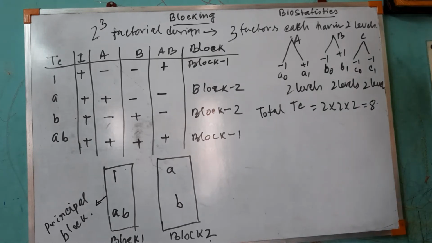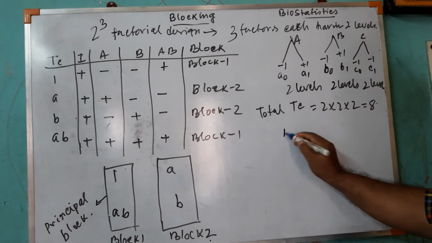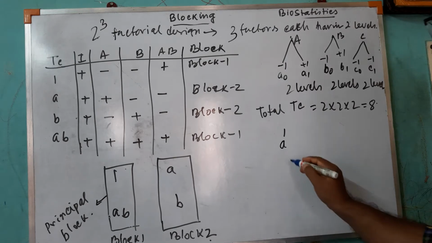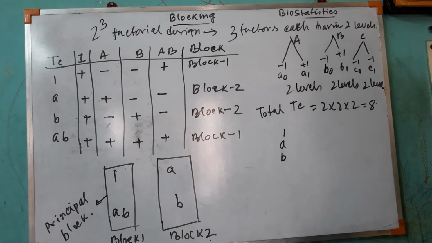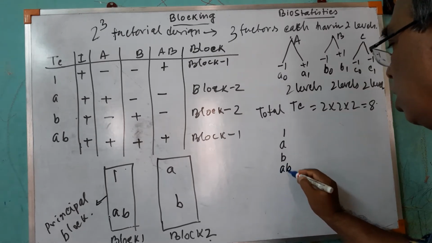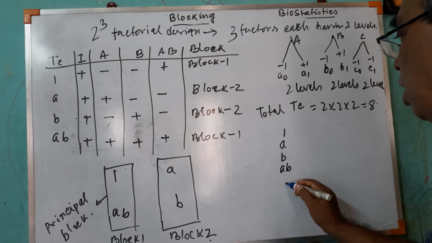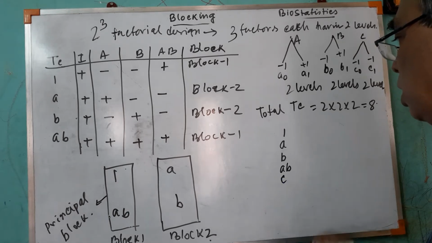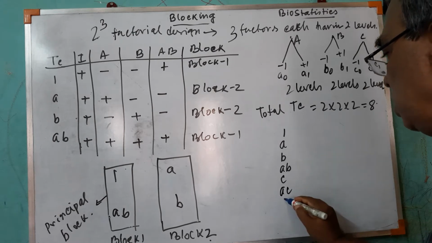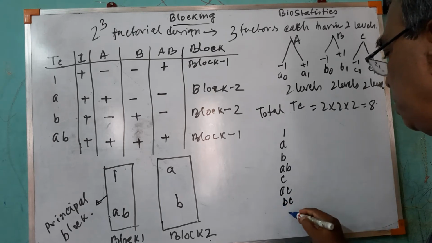What are they? 1, then A, then B, then AB. Then comes C, then AC, then BC, then ABC.